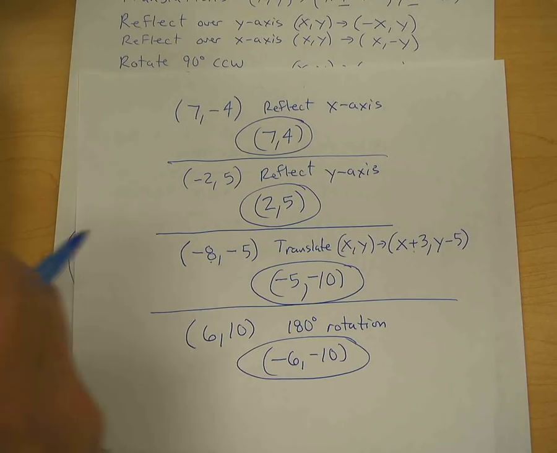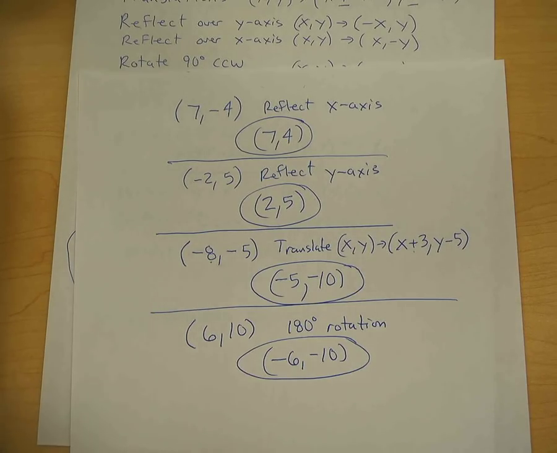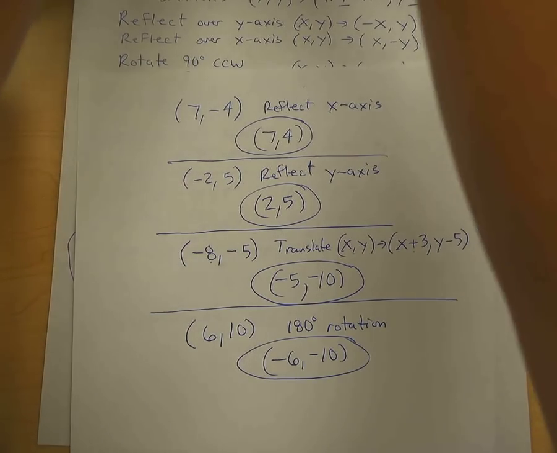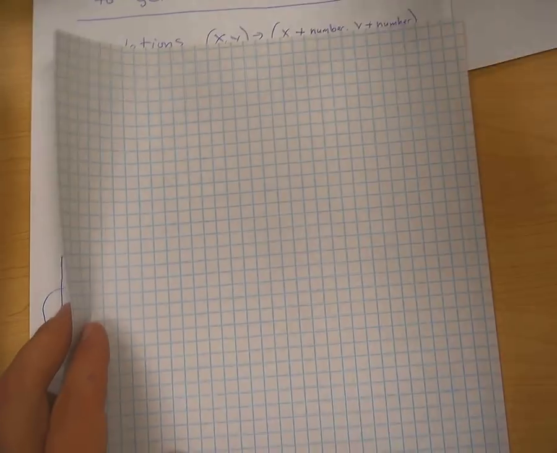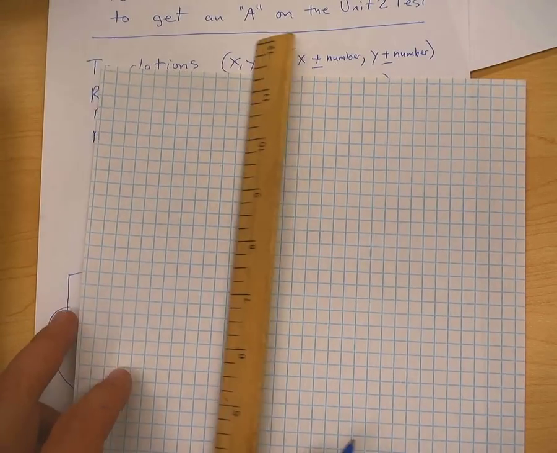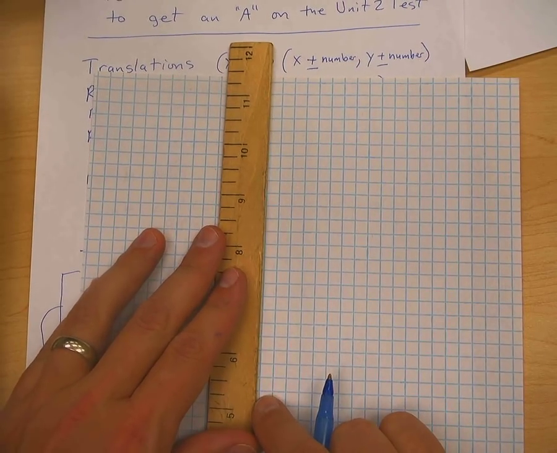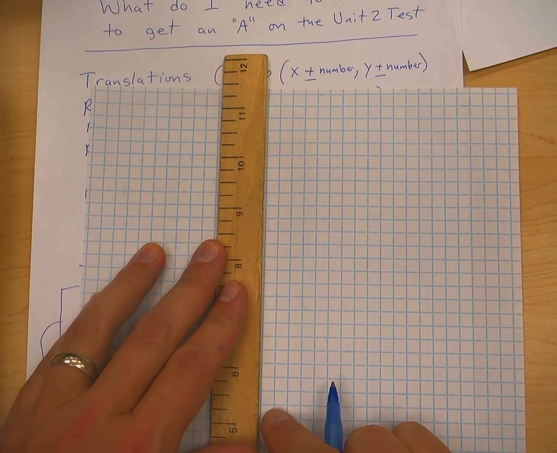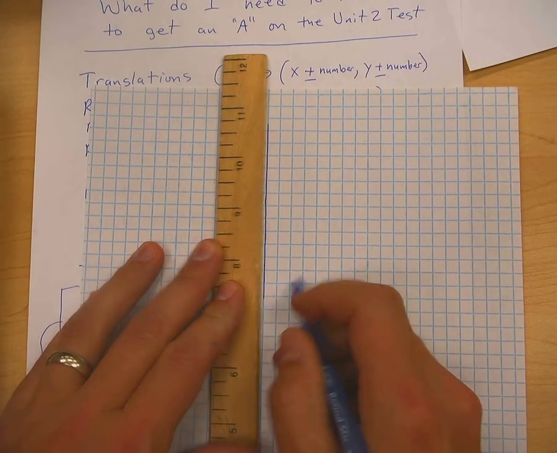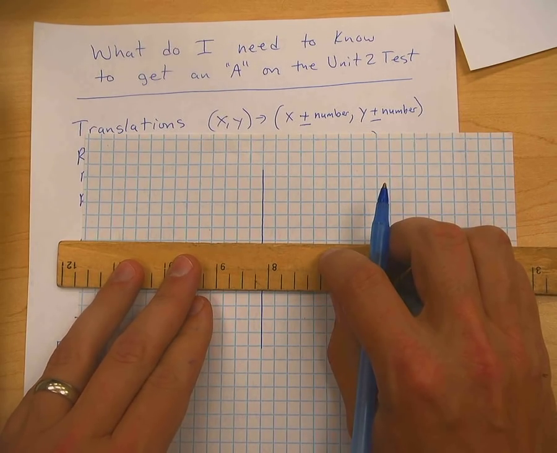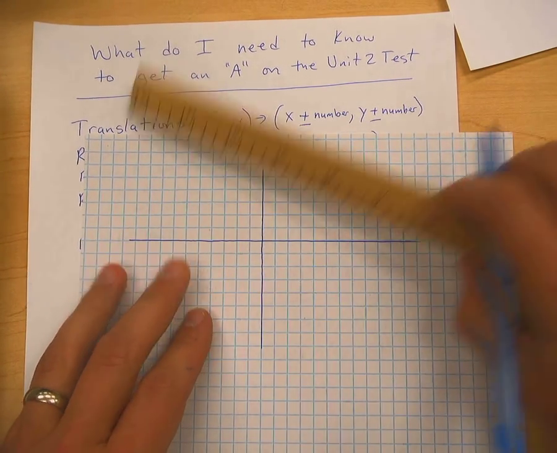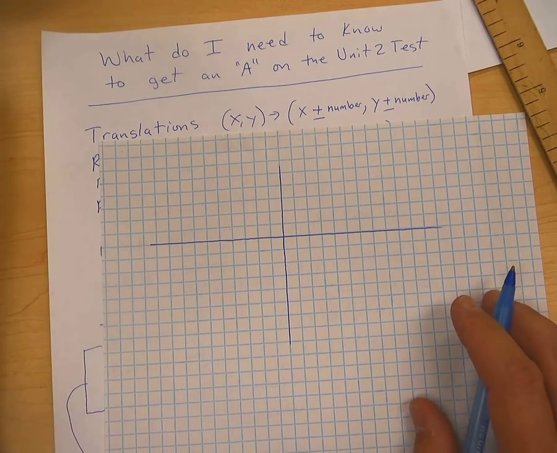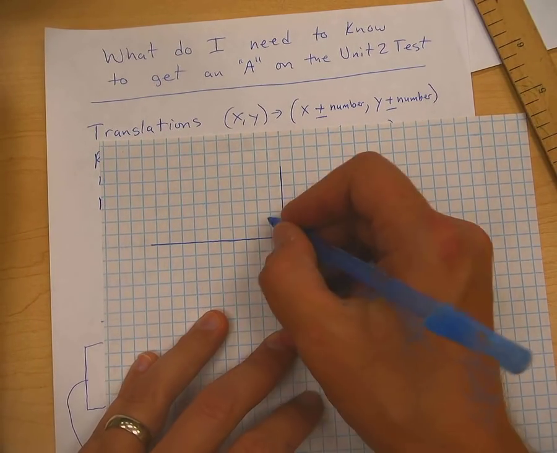Now let's talk about a graph. So if you could get a sheet of graph paper out right now. And I'm just going to make a little graph here. It doesn't have to be super big. Doesn't have to be perfect either. All right. So now I have something, let's say it's right here.